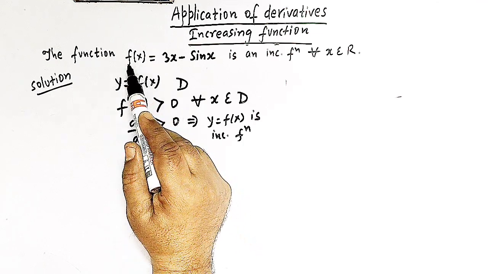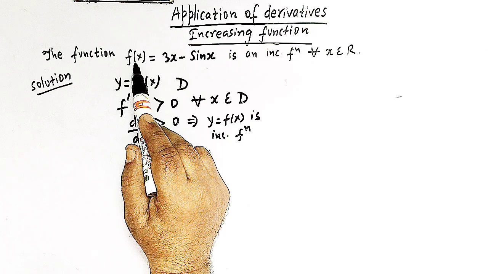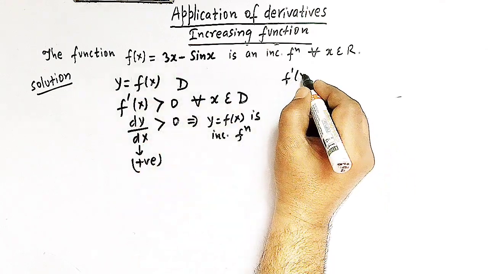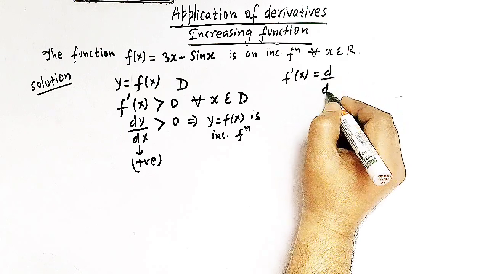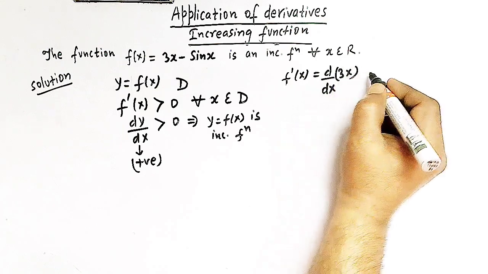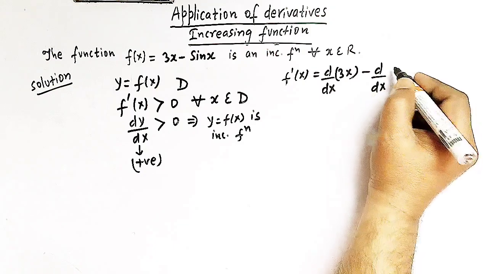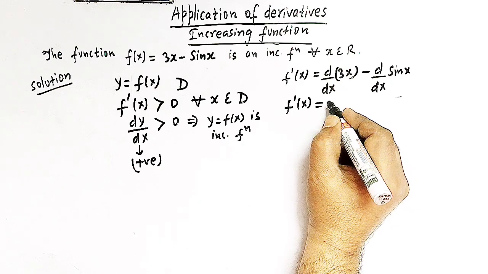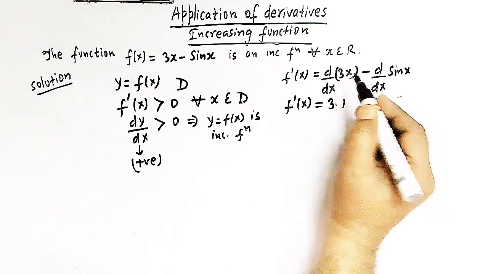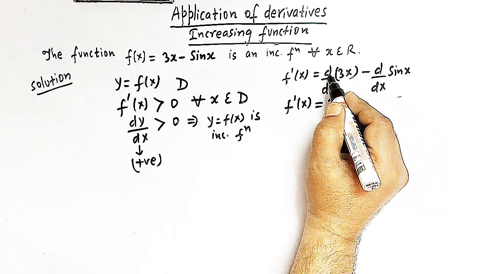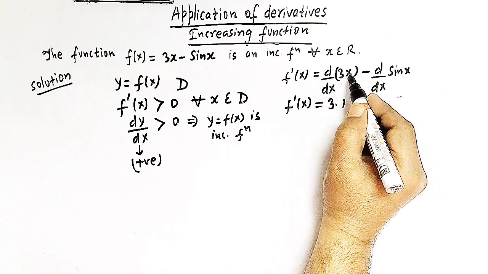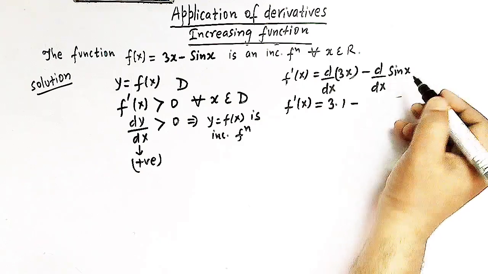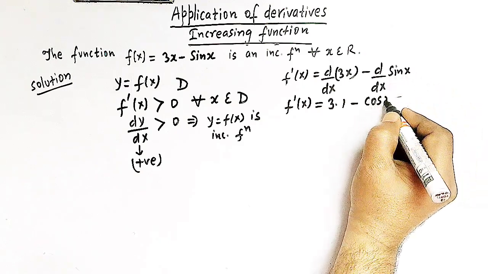So let us here find out the derivative of f of x, right? So f prime of x is given by d by dx of 3x, and then we have d by dx of sine x. Now f prime of x is equal to 3 times 1, because we can take this 3 outside this derivative operator, and the derivative of x with respect to x is 1, and the derivative of sine x is cosine x, right?